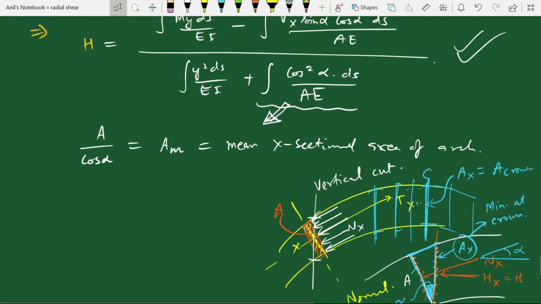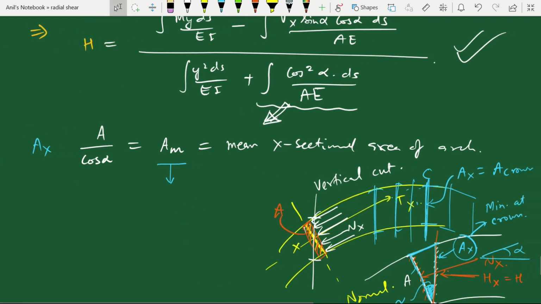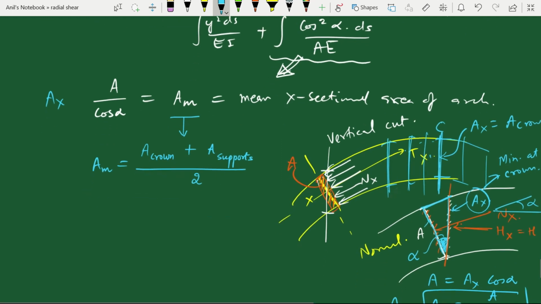So generally we take it as AM, which is AX in fact, and this mean area is calculated from the average of the two areas at crown and at support. So this is area at crown plus area of the arch at supports divided by 2. So that is mean area.